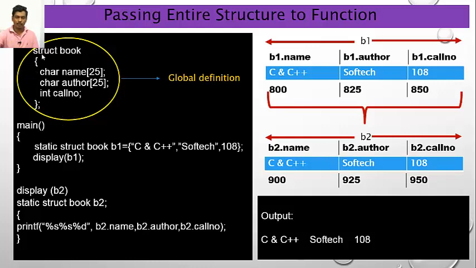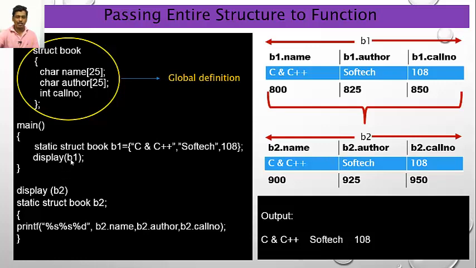This is a global definition because in the previous program we passed element by element. Passing element by element, it is not required to define a global definition. But here we pass the entire structure to a function.